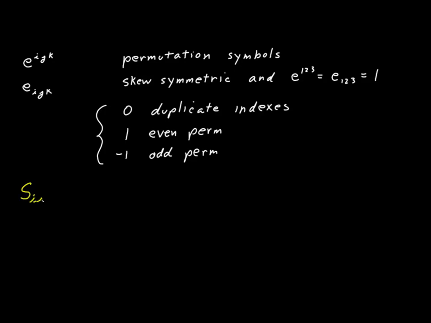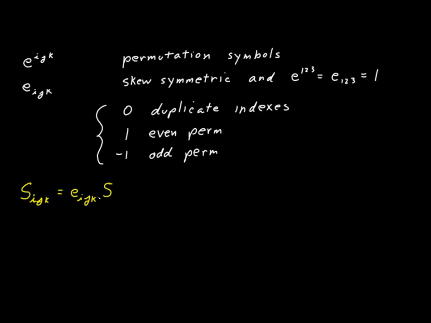All right, now what this does for us is it allows us to write an expression like this, S_ij, where this is our skew-symmetric system, as E_ijk times our scalar value s. And we don't have to expand out all the individual terms. What it does is it allows us to determine the sign of the permutation of the indexes so that this equation makes sense.